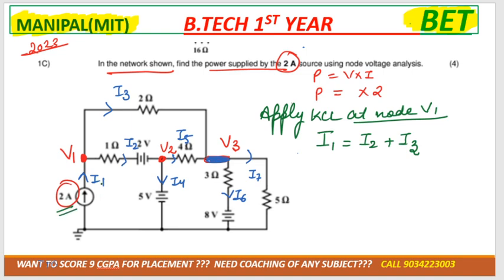I1 डायरेक्ट करंट सोर्स है, I1 की डायरेक्शन और 2 एम्पियर की डायरेक्शन क्या है, सेम है, तो 2. I2 कैसे जा रहा है, V1 से V2 जा रहा है, तो V1 minus V2 and battery का we have to take the second sign that is -2 divided by 1 plus I3.